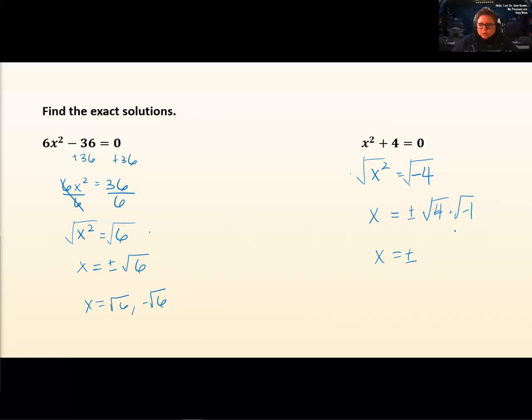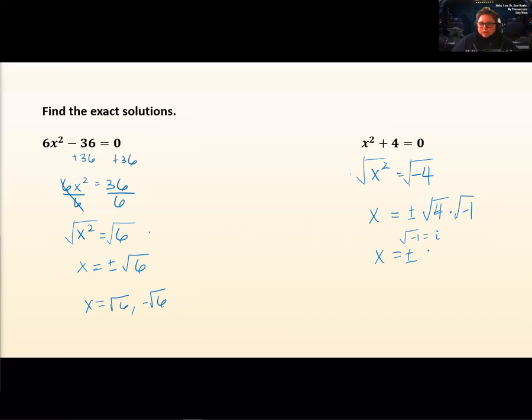So what is the square root of -1? Yeah, it's i. The square root of -1 is i.